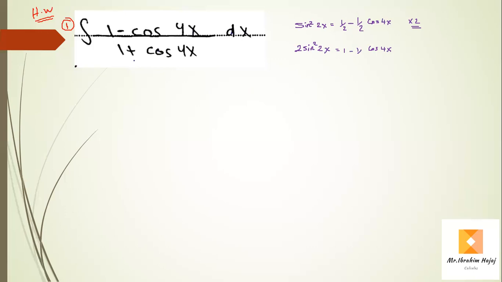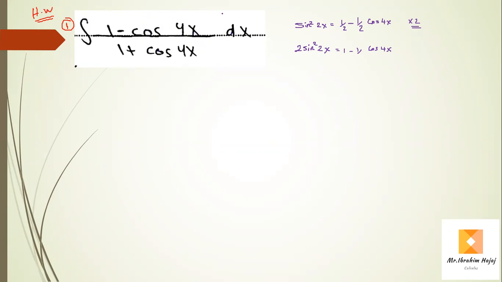Yeah, Omar, complete. Yes, mister. Below, the 1 plus cosine 4x, I expect it to be 2 cosine square 2x, because of the plus. Yes, Omar. Can you hear me?